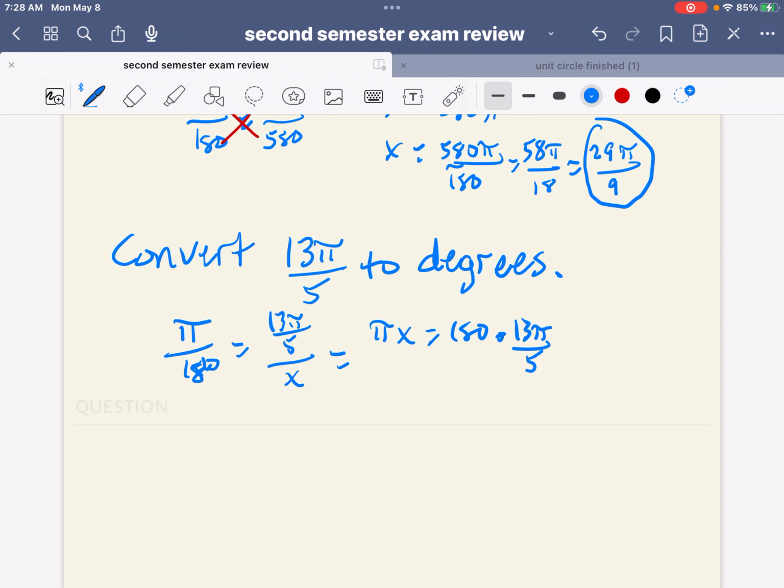And then if you divide both sides by pi, you have x equals 180 times 13 divided by 5 after those pi's cancel out. And then you just finish the multiplying and dividing to find your answer.